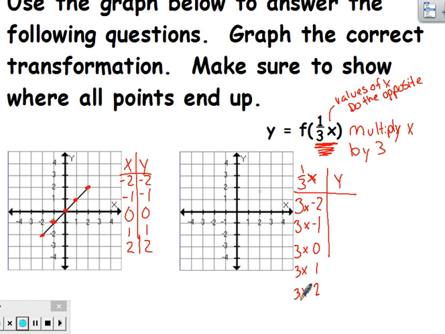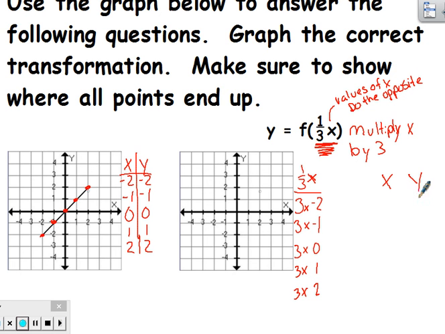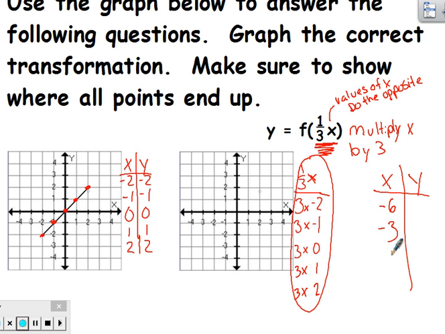And I don't do anything to my y values. So when I do my table over here for my values of x and y, I have transformed those values of x right here, and I'm going to place it in my table. 3 times -2 is -6, 3 times -1 is -3, 3 times 0, 3 times 1, and 3 times 2.